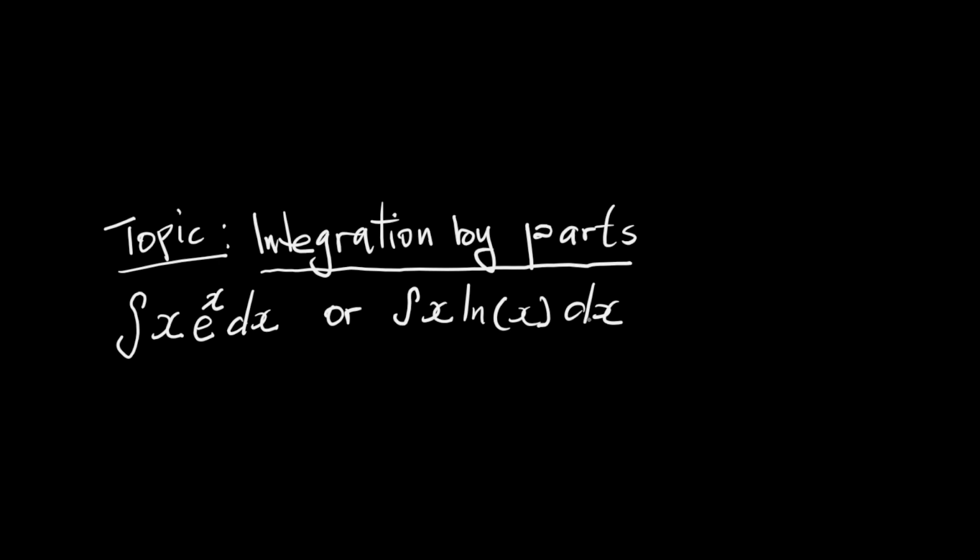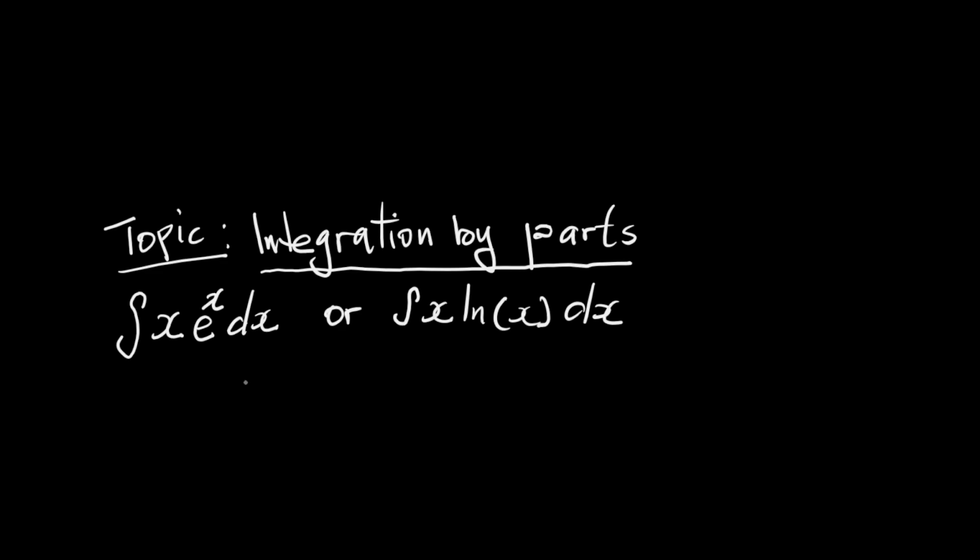The normal integration rules don't work easily to solve this problem. Integration by parts comes from the product rule of differentiation. From this product rule, we have to use integration by parts.